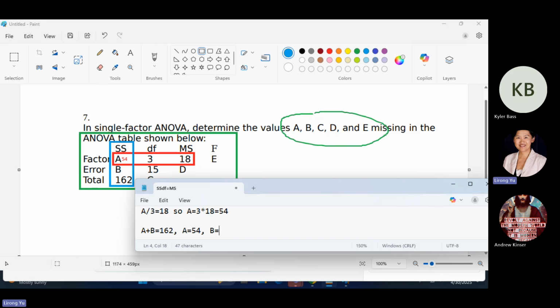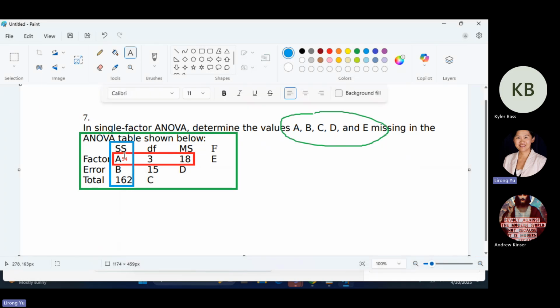Let's subtract. So now we have B. B would be 108. So back there we fill in that number. So this exercise made it easy for us to figure out the relation between all these quantities.